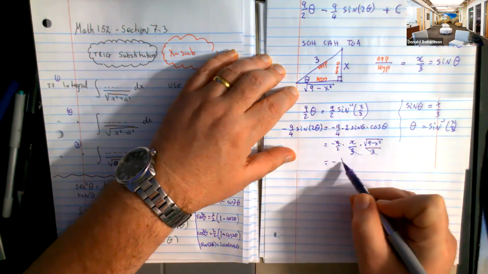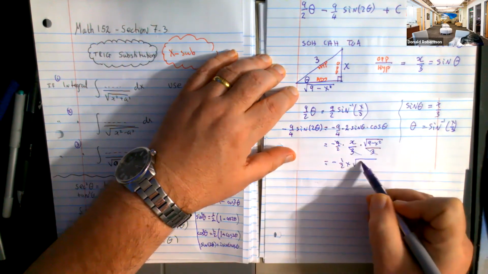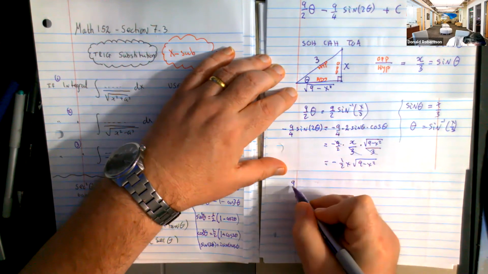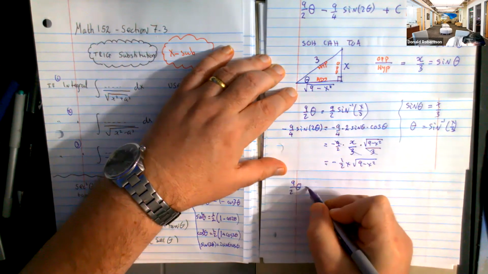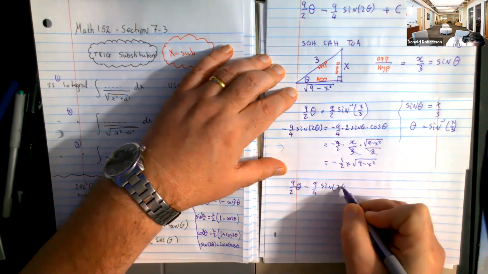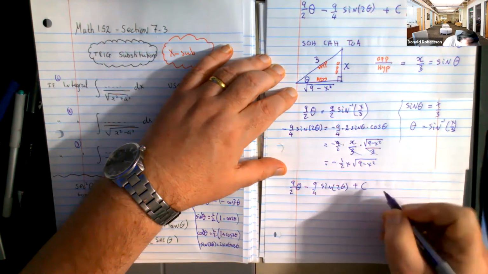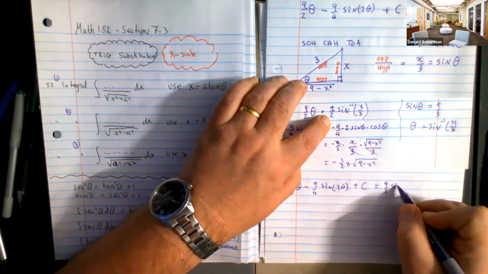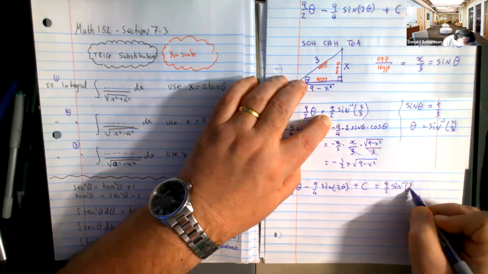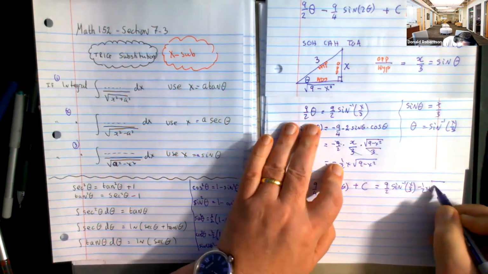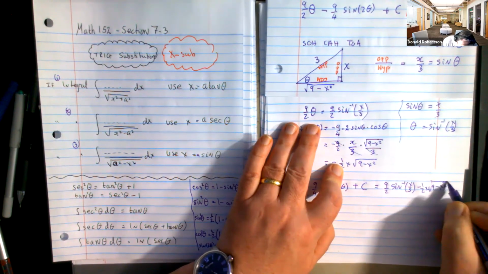You are left with that guy. So your final answer, this fella here, is 9/2 the inverse sine of x over 3 minus 1/2 x, this square root, plus c.